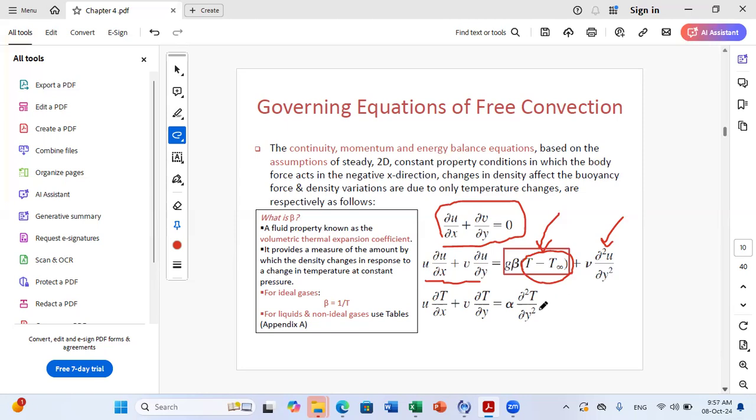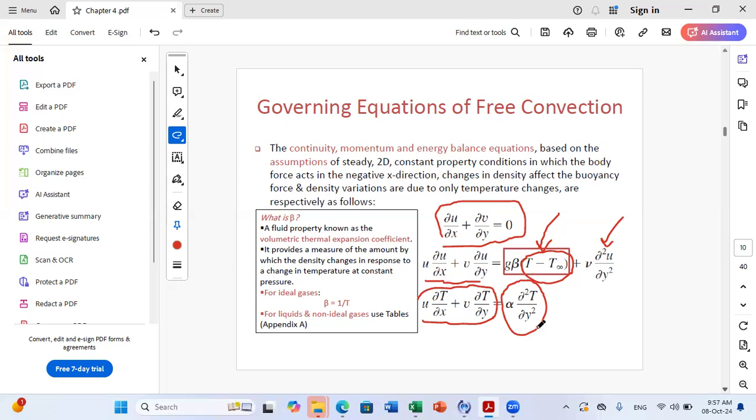And if we write the energy balance for our fluid, these are the convective terms, and this is the conduction term. You are already familiar a little bit with energy balances, but within a solid. In a solid, we have transfer only by conduction, while in a fluid you have both modes, conduction and convection.